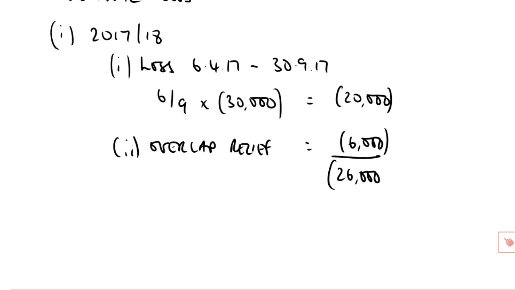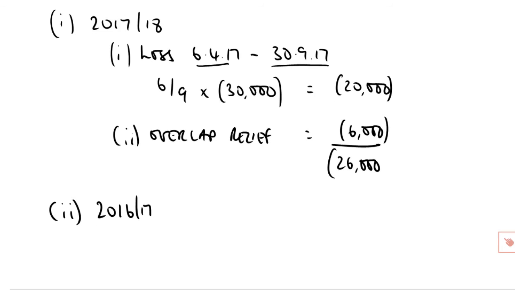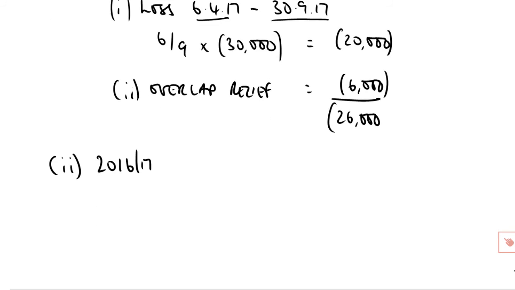Now that, of course, only deals with that part of the last 12 months of trading that falls into the final tax year, from the 6th of April 17 to the 30th September 17. What we've now got to do is to go back to the penultimate tax year, that is 2016-17, and establish what amount of loss, if any, falls in that period.